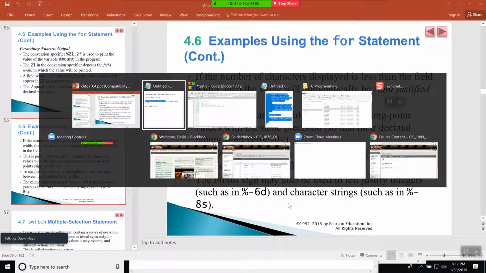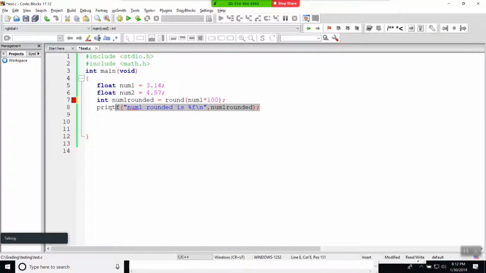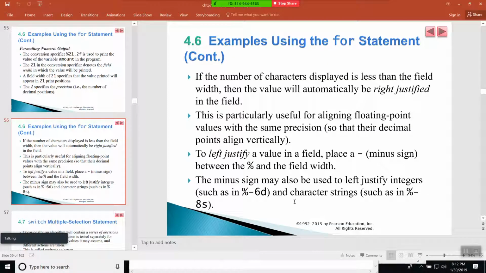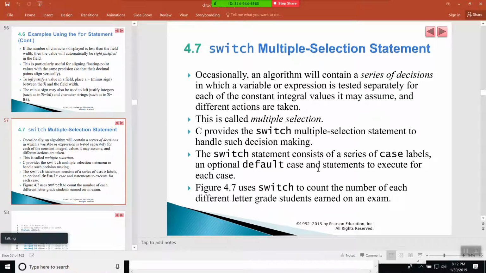So let's talk about that. We really haven't even talked about strings yet. I wonder why they mentioned that. Never mind. I'm going to cover that after we cover strings in the course. They're looking ahead.